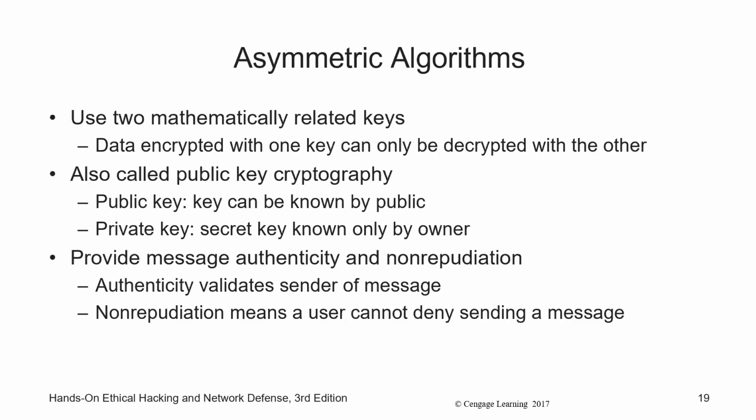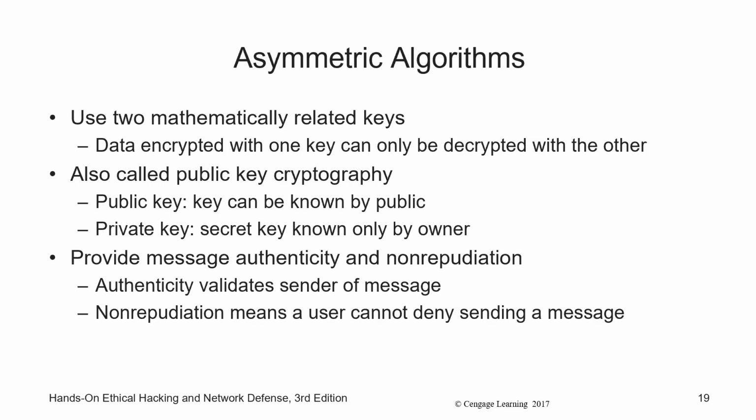Asymmetric algorithms are a bit different. Again, with symmetric algorithms, you have to worry about key sharing, secrecy. But with asymmetric algorithms, you have 2 keys. They're mathematically related, but only one can encrypt and only one can decrypt. And this is your public key and private key.